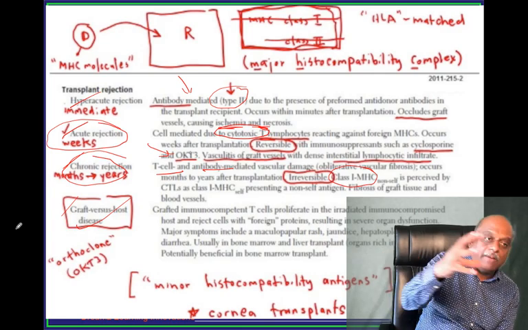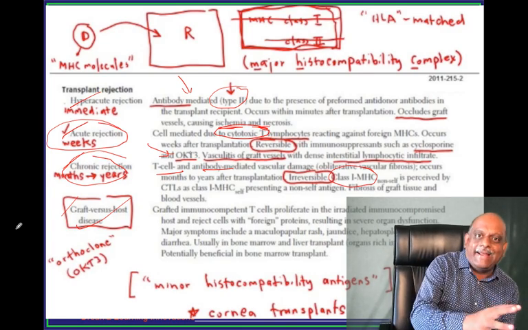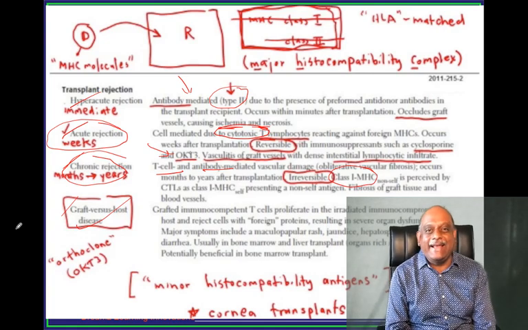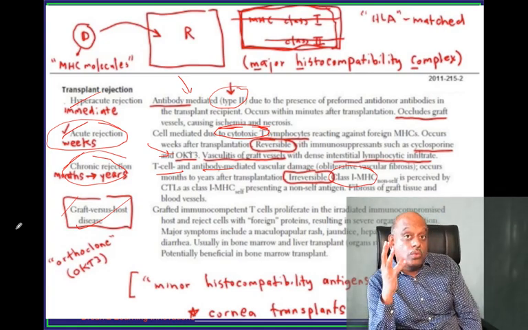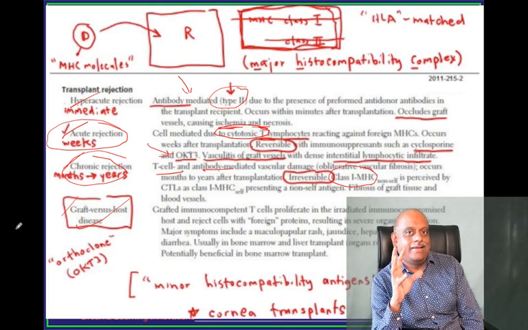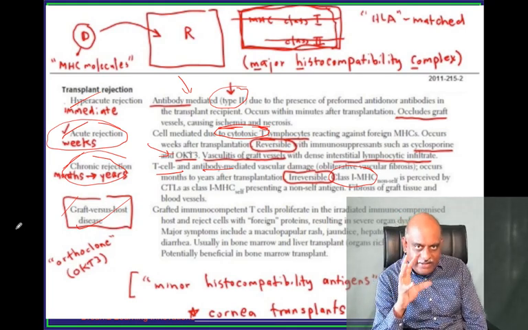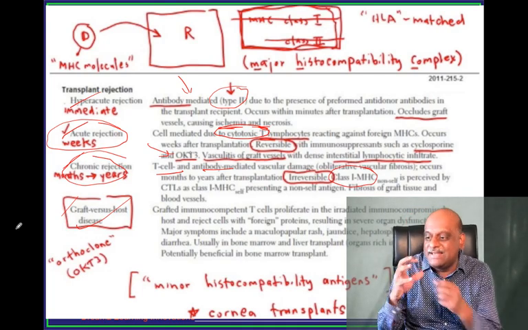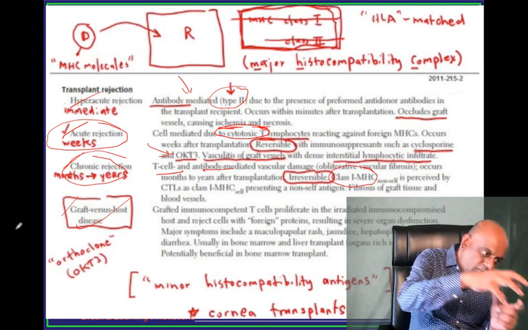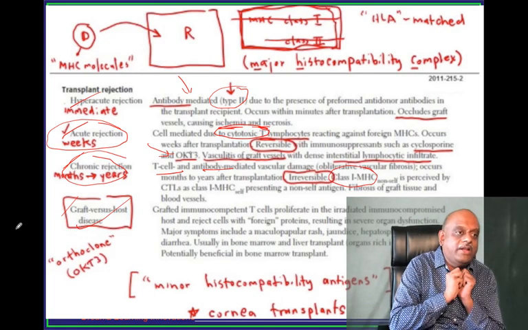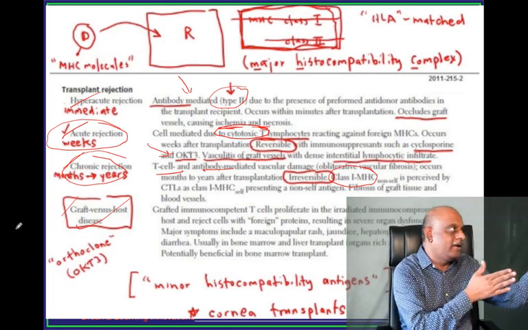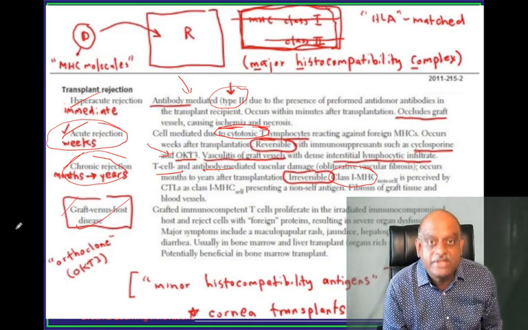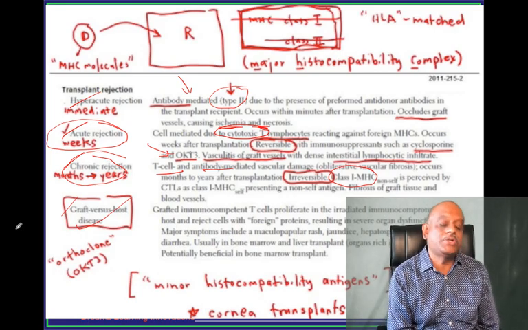You are putting the donor's kidney, or bringing the donor's bone marrow into the host, and the donor organ has immunocompetent cells inside it. The moment you put it in the body of the patient, it will immediately start attacking the various tissues of the recipient, otherwise called host. That is what you need to remember.